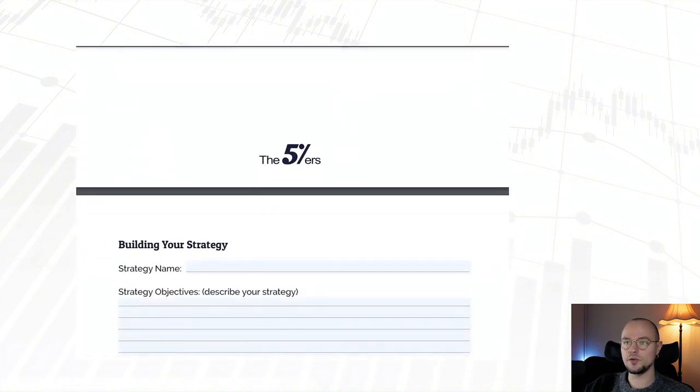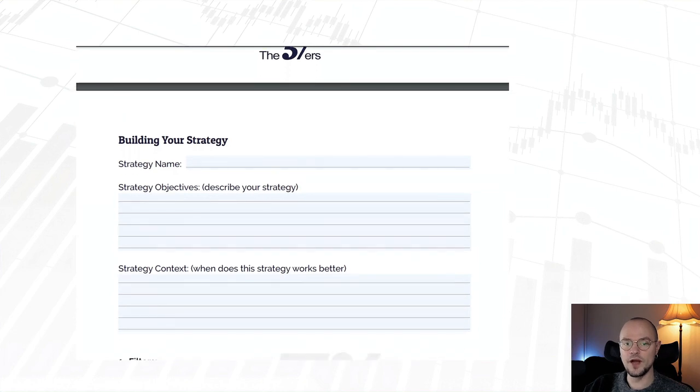And then as we scroll down a little bit more, we have the strategy part of the plan.